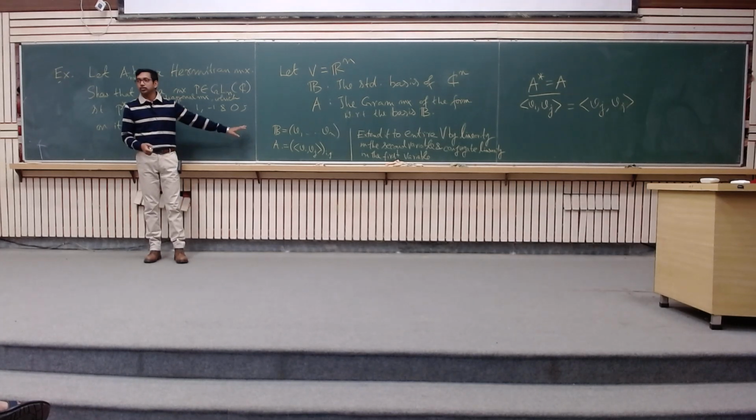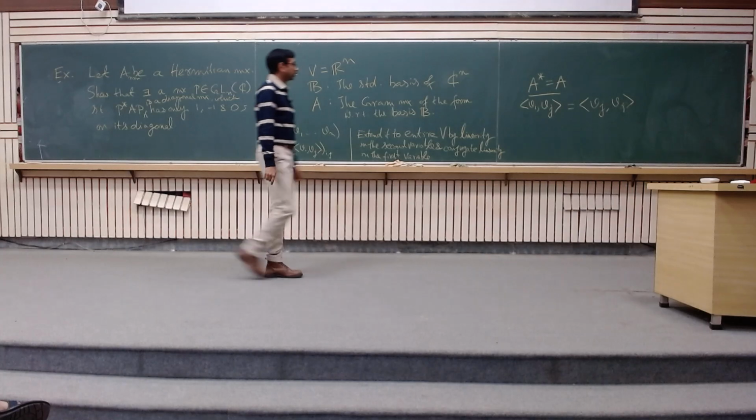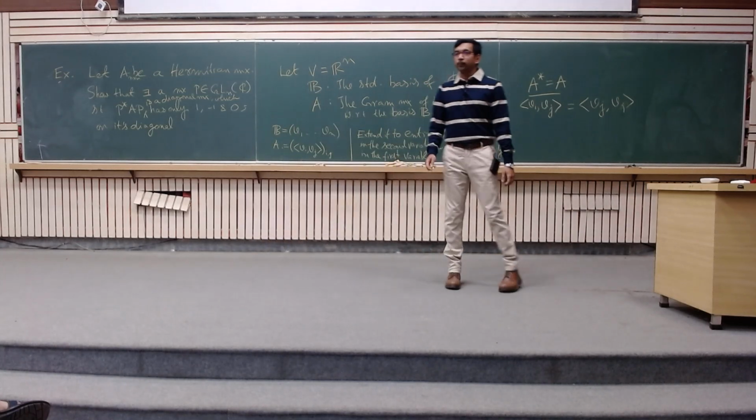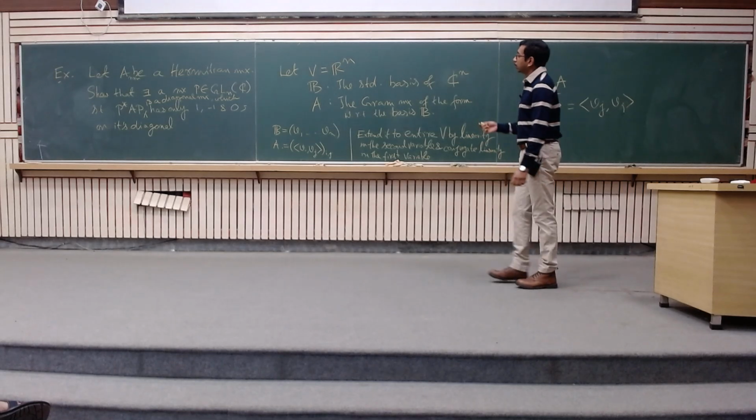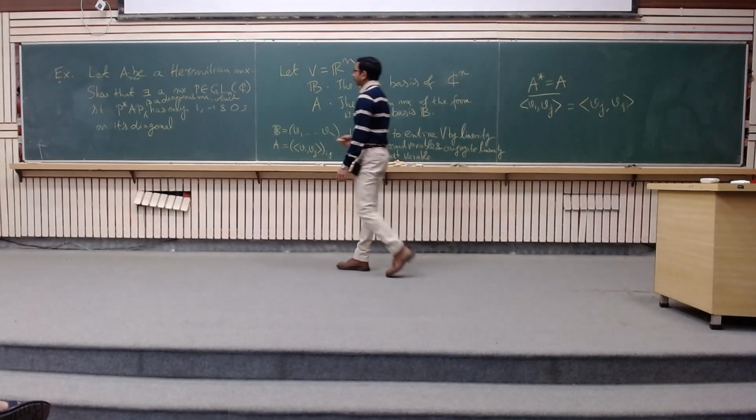And here you still don't know whether you have even one subspace on which the form is non-degenerate. So what do we do? Orthogonal basis? Yes, of course. It's a Hermitian form, so we can find an orthogonal basis.